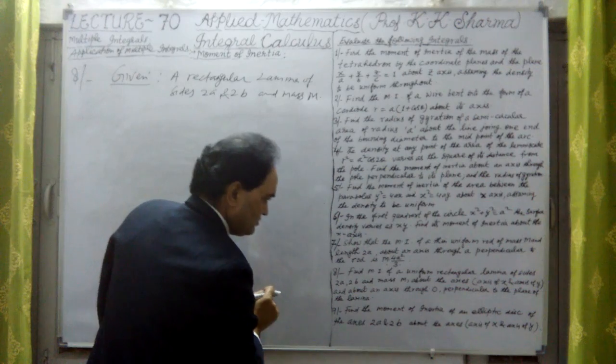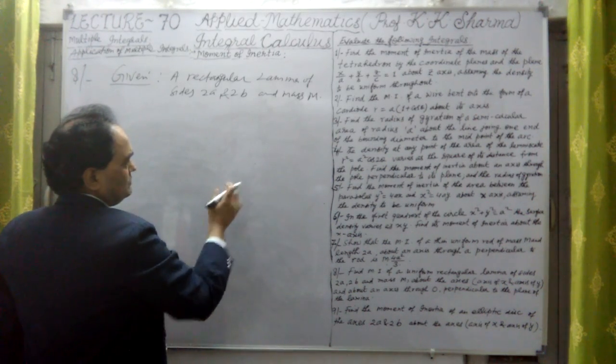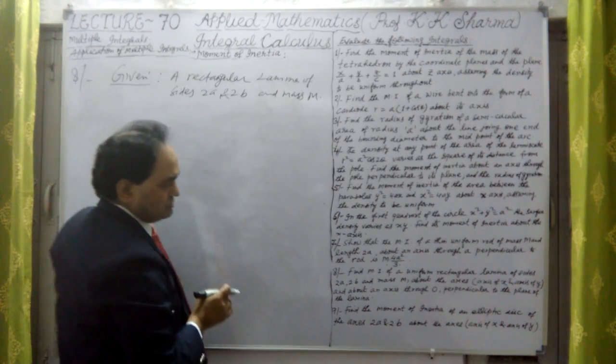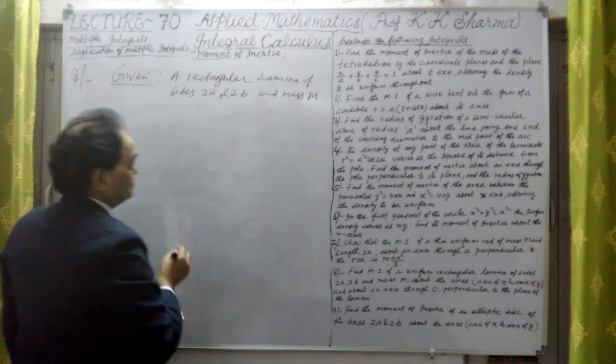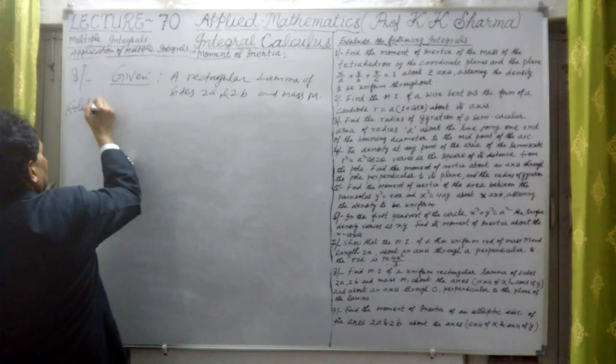Okay, this is clear. About the axis we have to find out this, and then about O. About O means we have to add the two. So let me find out the solution.